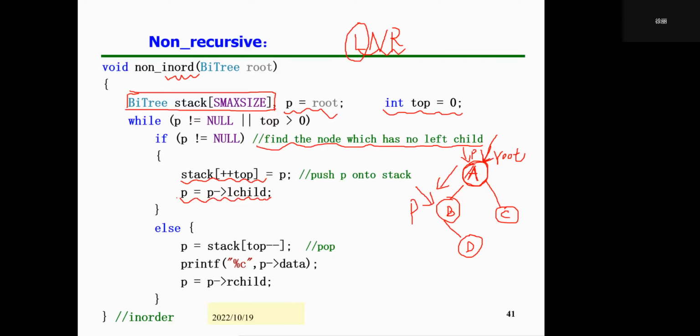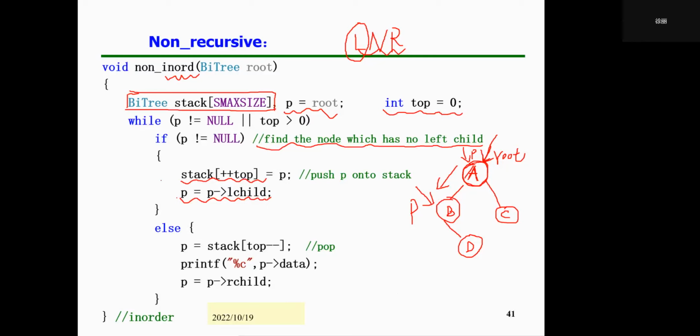At the beginning, P points to A, then we push A, and then go left, P points to B, then we push B. Of course, we didn't push A or B themselves, we just push the address of node A and node B onto the stack.